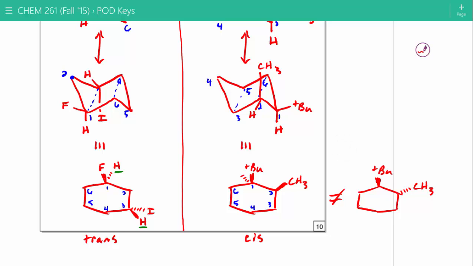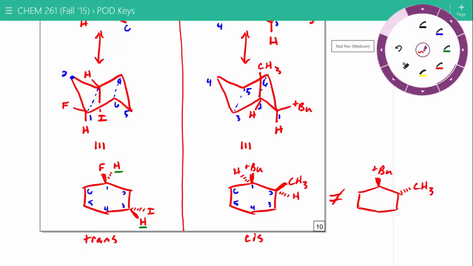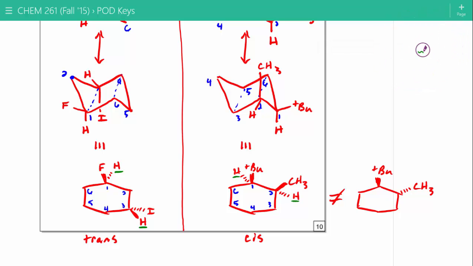So let me draw in the assumed hydrogens. We've got one there, and we've got one there. These two are identical, and they're on the same side, so we call them cis. So cis and trans can only be used to describe the relative relationship of two identical substituents on a ring or a double bond.